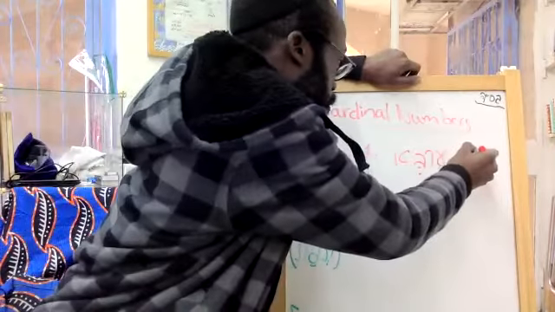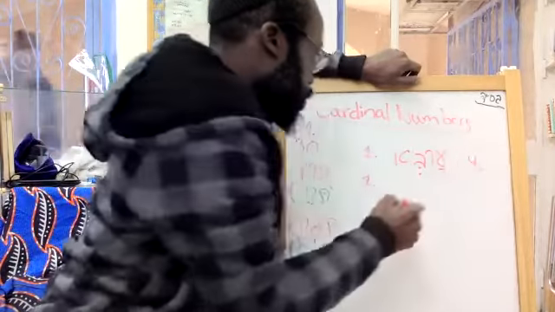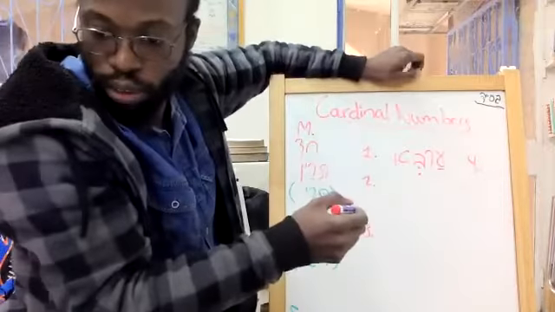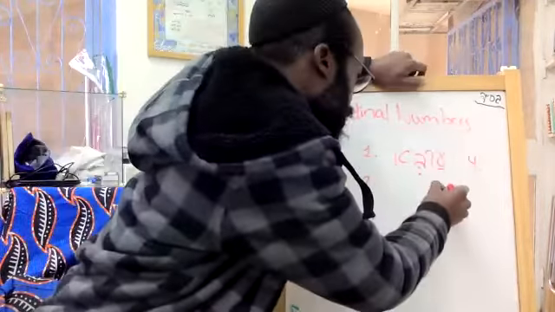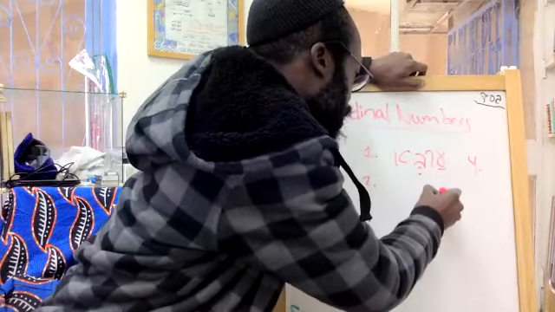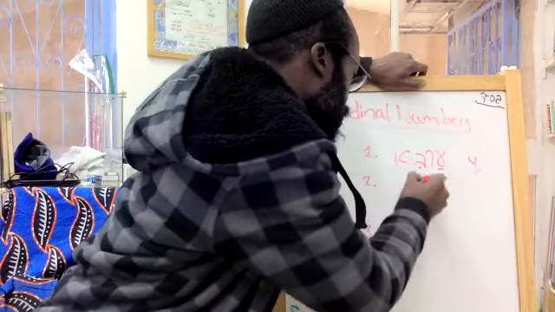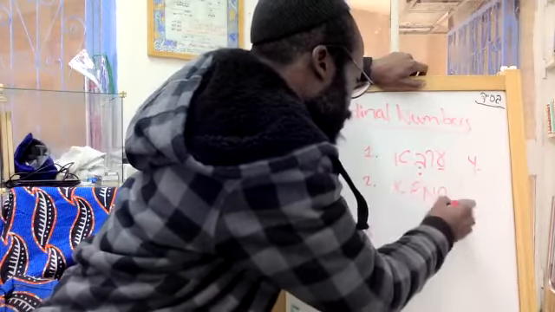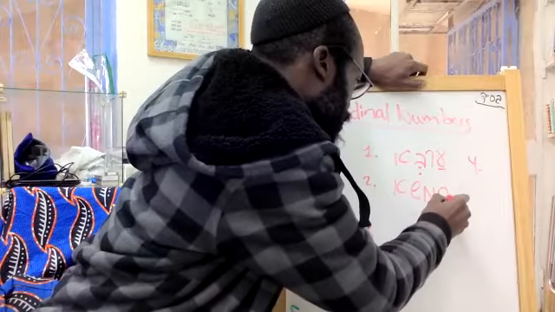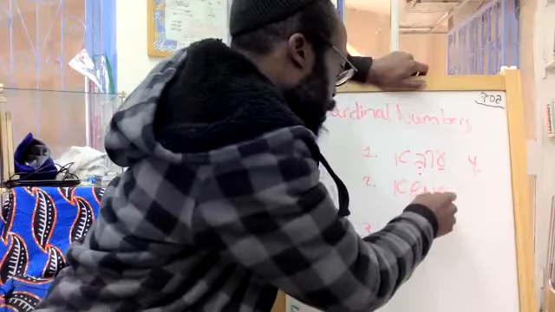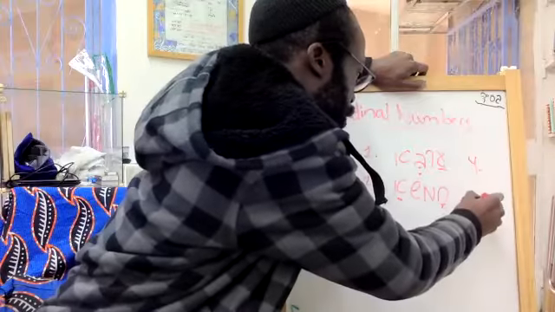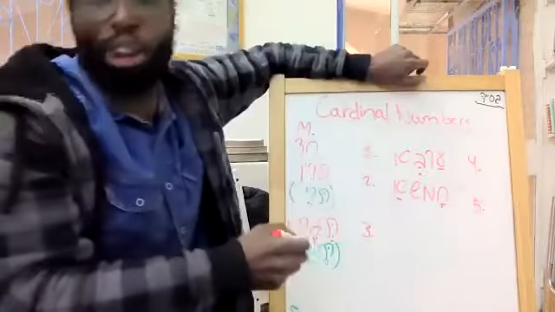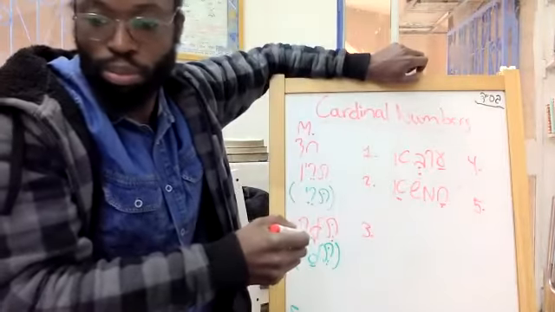This is 4. Okay. 5 is Hamsha, like Chamesh.